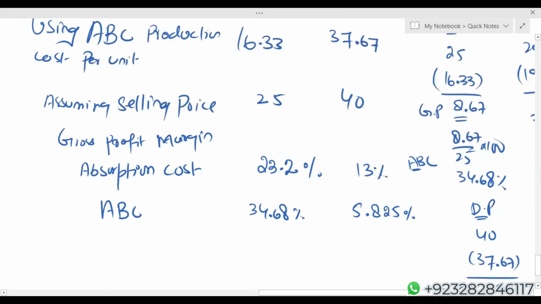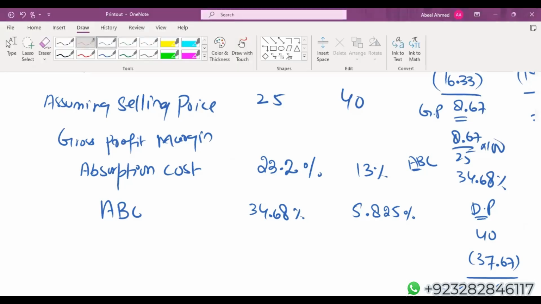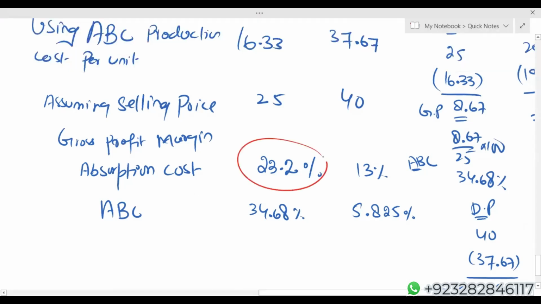Now look at this carefully. Under absorption costing, the gross profit margin of plus is lower. Under ABC, it is higher. Under absorption costing, the gross profit margin of double plus is higher. Under ABC, it is lower. Why did we do this analysis?